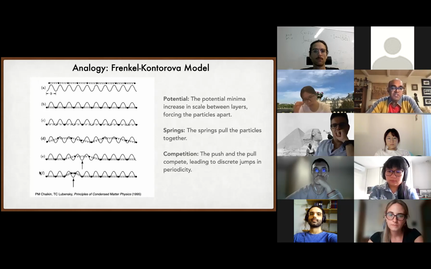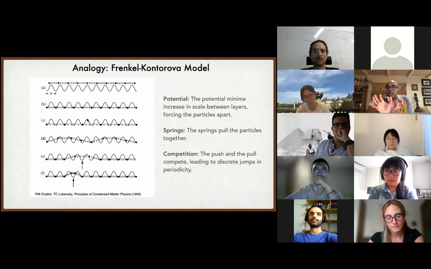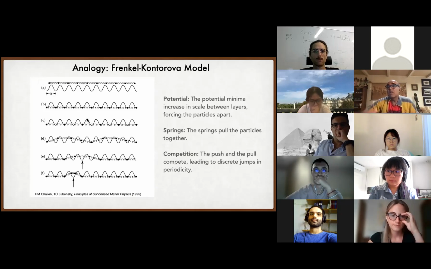And if you go through the system and slowly increase the scale of these potentials, you'll find there are discrete jumps in how the system organizes, in the lattice of where these balls are. So there are these discrete jumps that arise basically because there's a push and a pull, and the push and the pull compete, and up to some distance the push wins, then the pull wins, then the push wins. So there's a change like that.